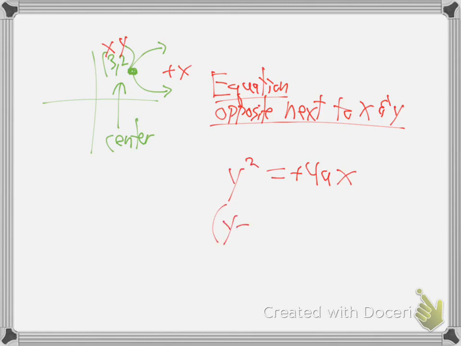But what it would actually be is (y minus 2) squared and x minus 3. See how that's the opposite from the regular 3 and the regular 2? That's the deal. From center to equation, it's opposite of what's next to x and y in the equation. So in other words, if there had been a negative 3 next to x, negative 3 is the center for x, this would have been a plus 3 in the equation. It's always opposite signs from center to equation.